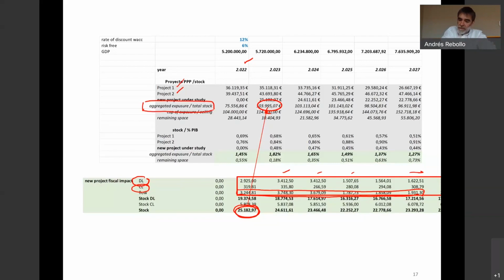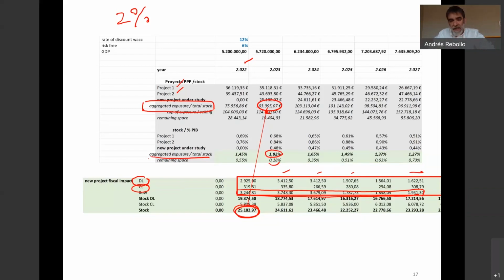And then I check the aggregated exposure in aggregated terms against the GDP. It's 1.82. Let's say that in my country the limit is 2% of the GDP, so I still have a remaining space of 18 basis points. All right, and that's it.